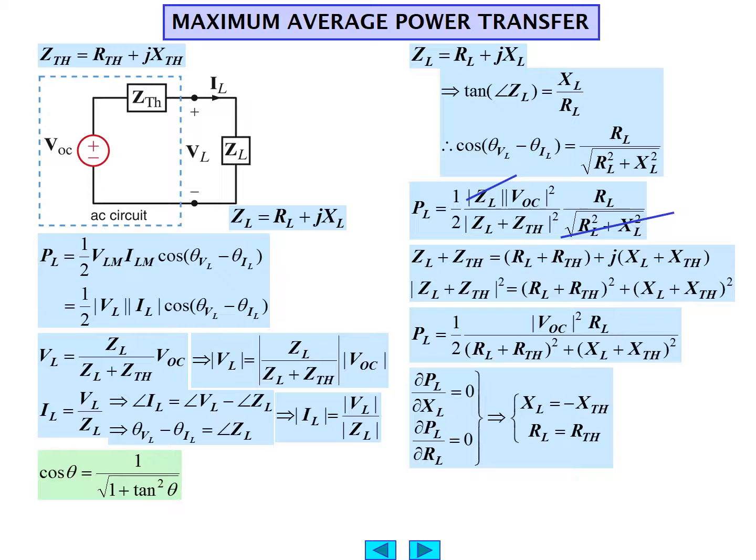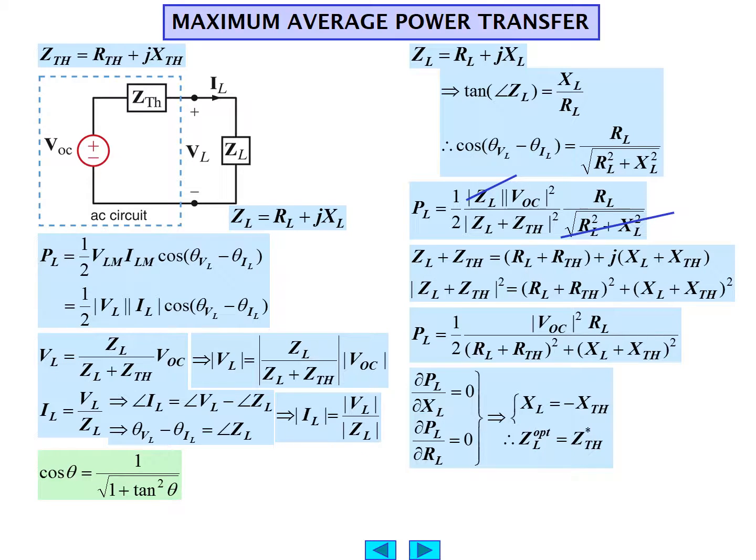If you do that calculation, what you will find is, in order to meet that result, X sub L would equal minus XTH and R sub L equals RTH. This essentially is the formulation for the maximum average power transfer. If R sub L equals RTH and X sub L equals minus XTH, the maximum amount of power will in fact be transferred.